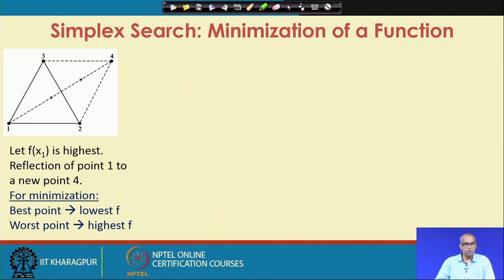Since I am minimizing the function, the point where the function value is highest is the worst point. So, let us consider 1 is the worst point. So, I must replace this point 1 in the new simplex.